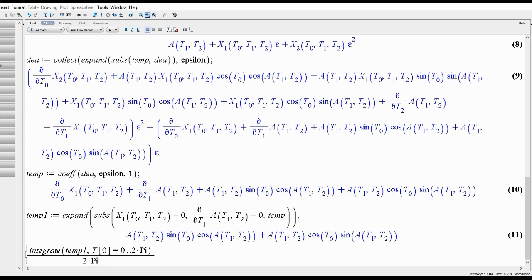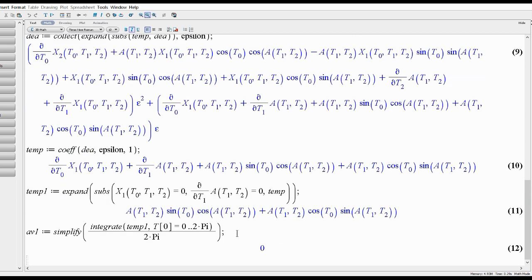Let me just give it a name, AV1 equals simplify. And that's going to be 0. We knew that. And so the negative of that actually has to be equal to that.